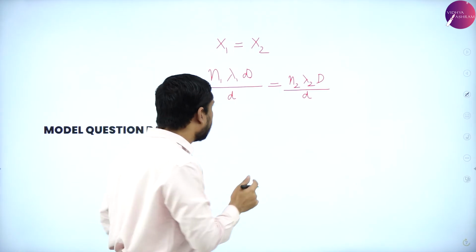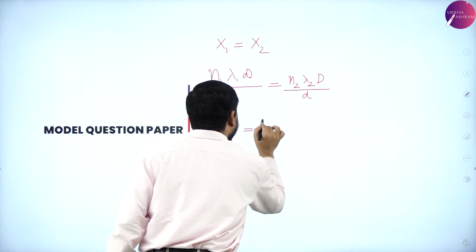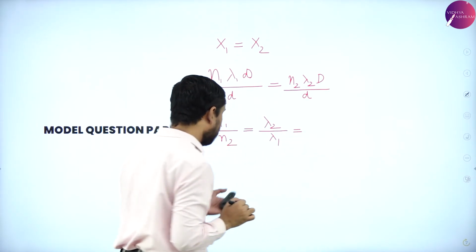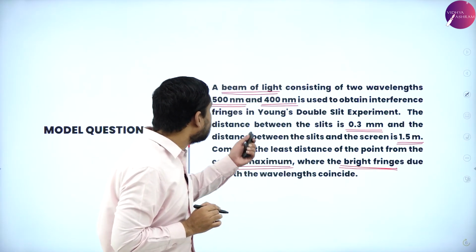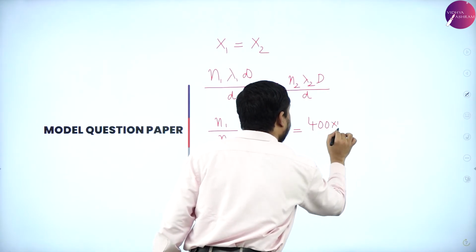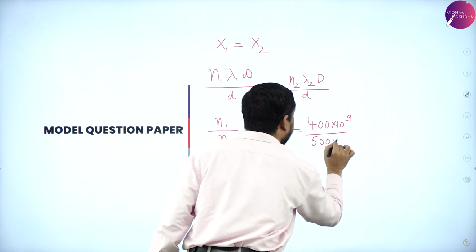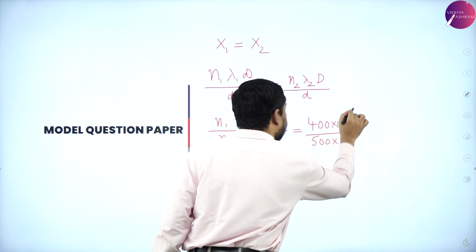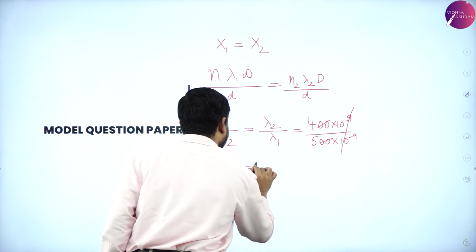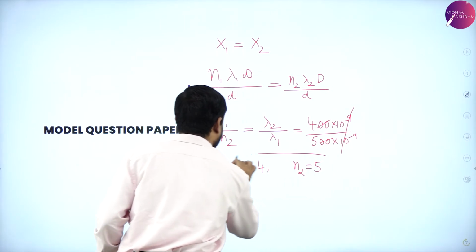So, when we equate, n1 by n2 is lambda 2 by lambda 1. So, lambda 2 is 400 into 10 power minus 9, lambda 1 is 500 into 10 power minus 9. So, this gets cancelled. So, very clearly, n1 is 4, n2 is 5.